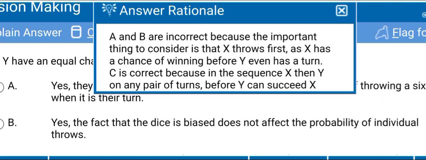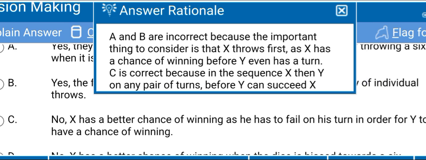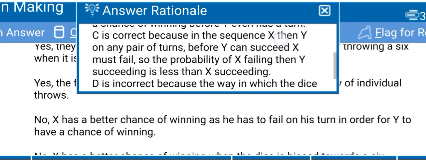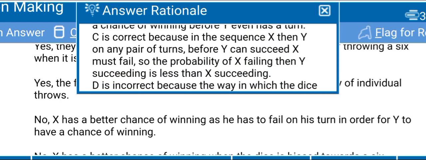C is correct because in the sequence X then Y on any pair of turns, before Y can succeed, X must fail. So the probability of X failing then Y succeeding is less than X succeeding.